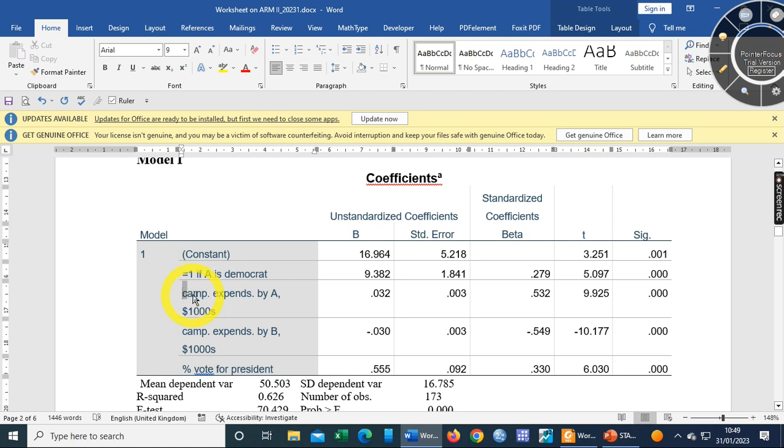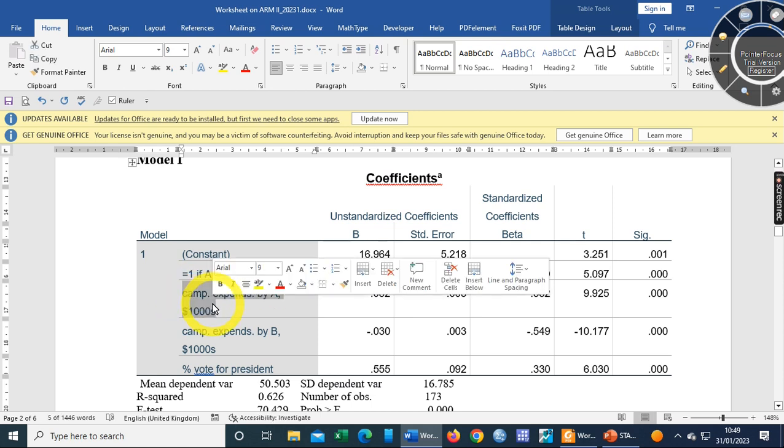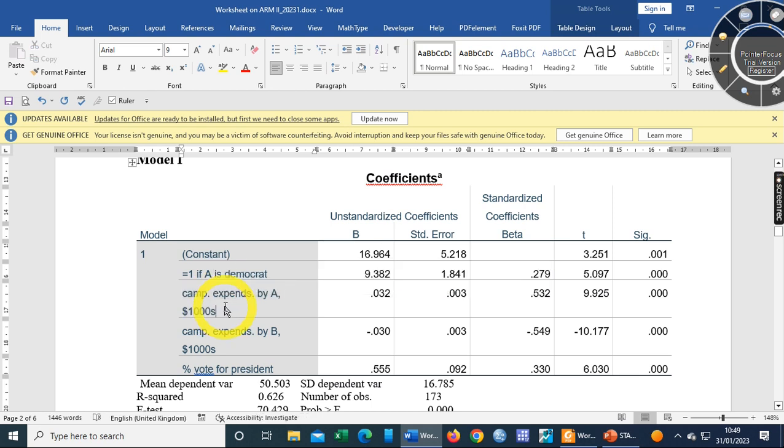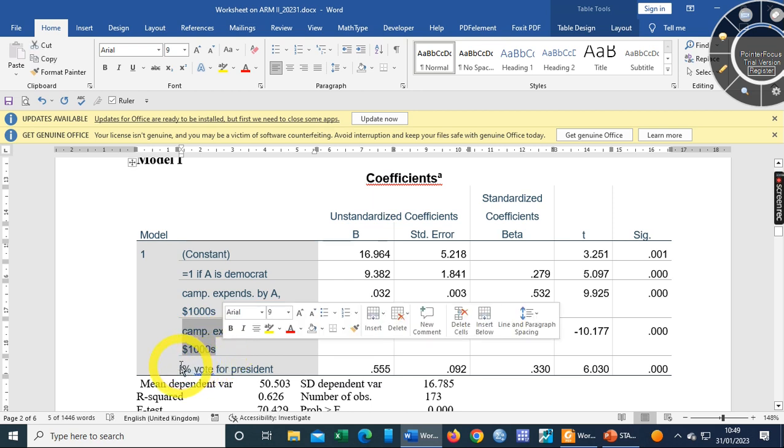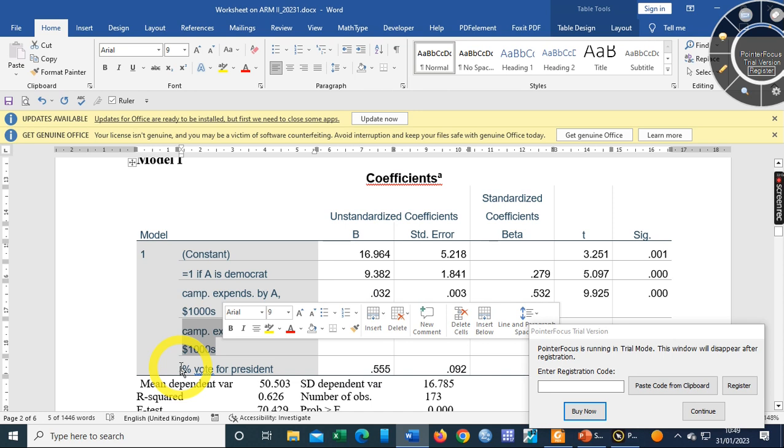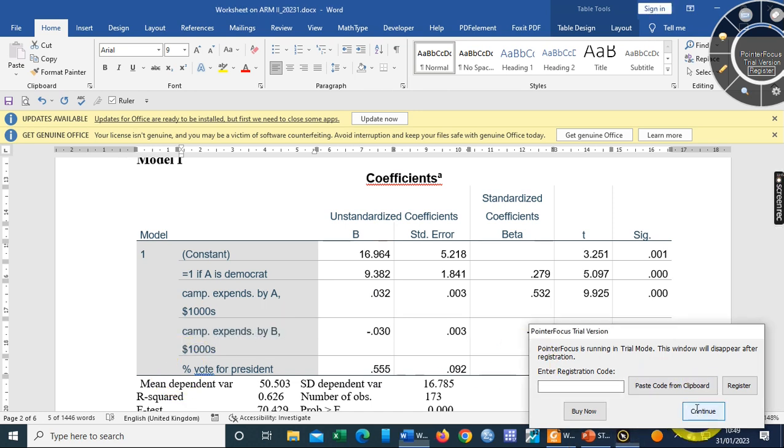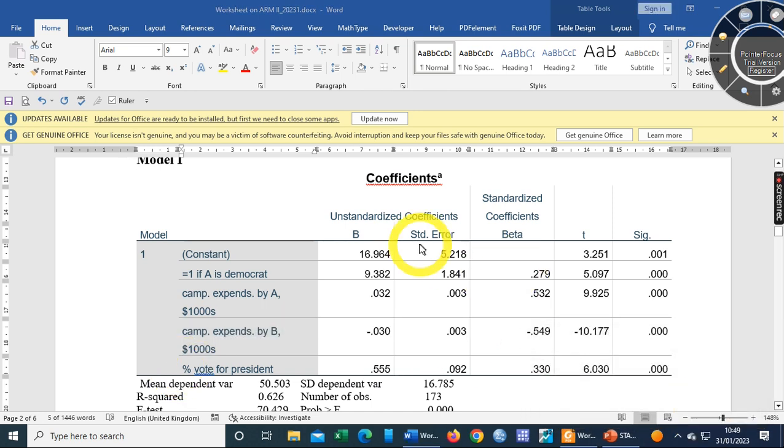Here is expend A, campaign expenditure made by party A, by party B, and percent vote for president. We have standardized and unstandardized beta.